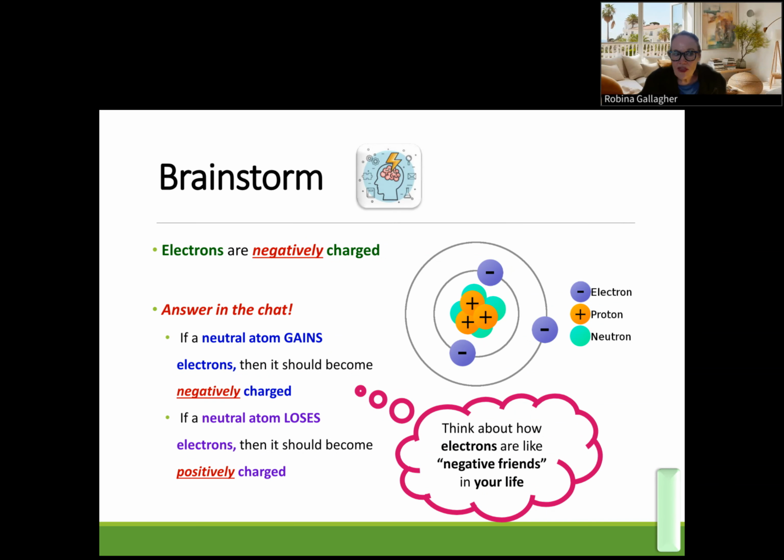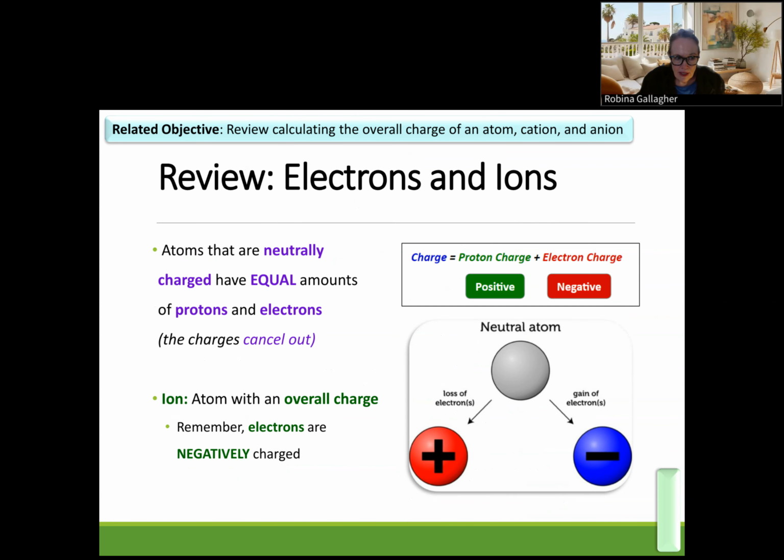Remember that any atom that's charged is called an ion. We can calculate the charge on the element or on the atom by adding the positive proton charge to the negative electron charge.